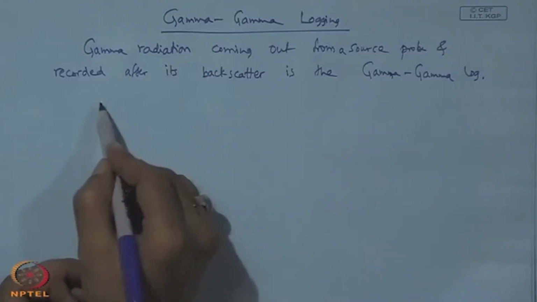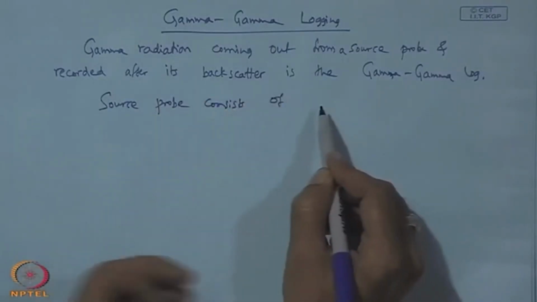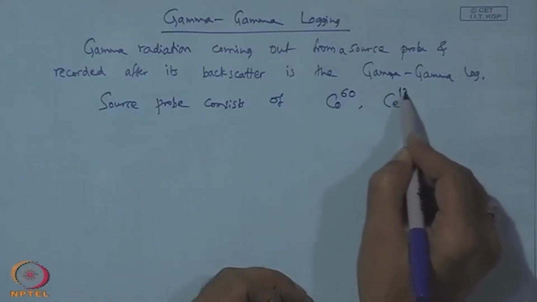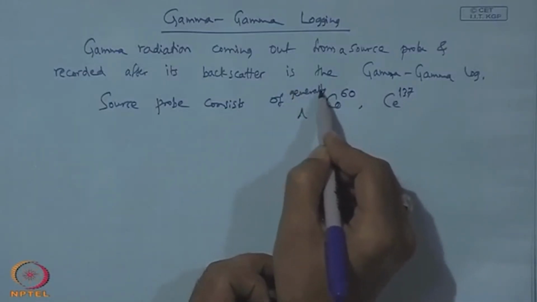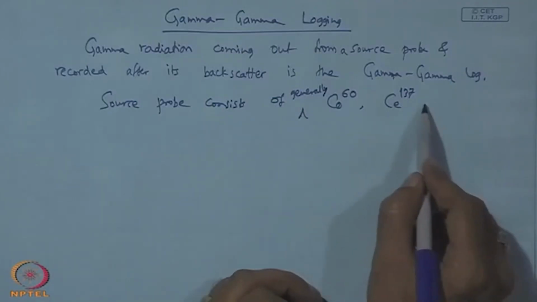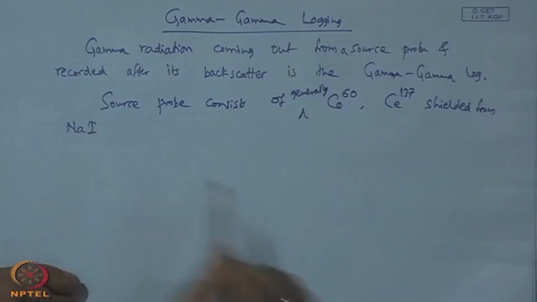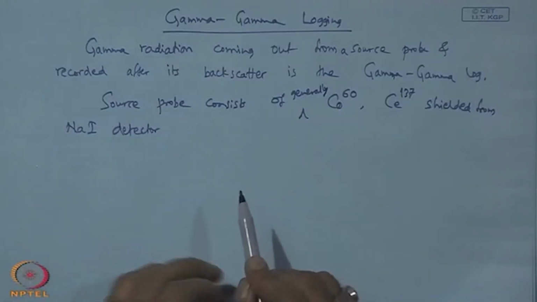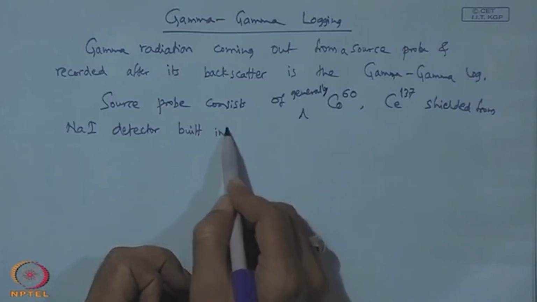The source probe consists of cobalt 60, cesium 137, isotopes of cobalt and cesium, shielded from the sodium iodide detector built into the probe.